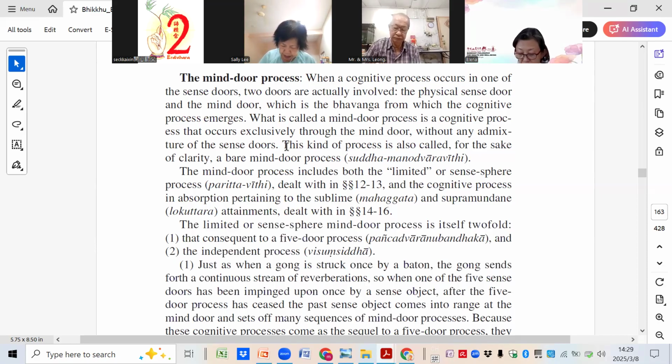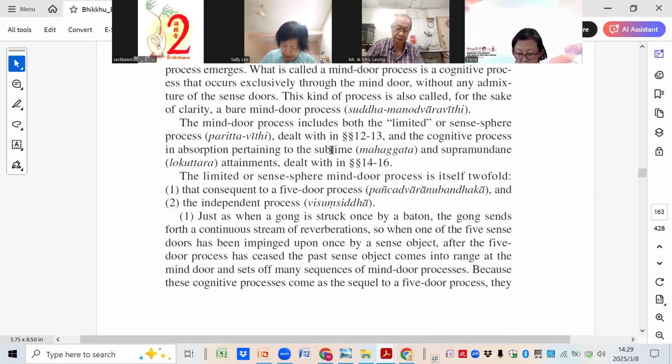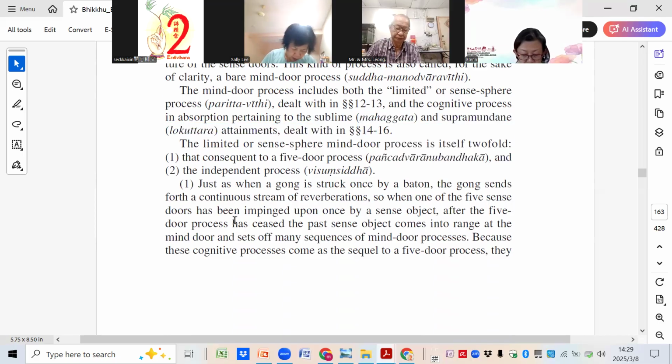This kind of process is also called, for the sake of clarity, the bare mind door process. The mind door process includes all the limited or sense sphere processes, pavatti, dealt with in sections 12 and 13, and the cognitive processes in the absorption pertaining to the sublime, mahaggata, and the supramundane, lokuttara attainments, dealt with in sections 14 to 16.